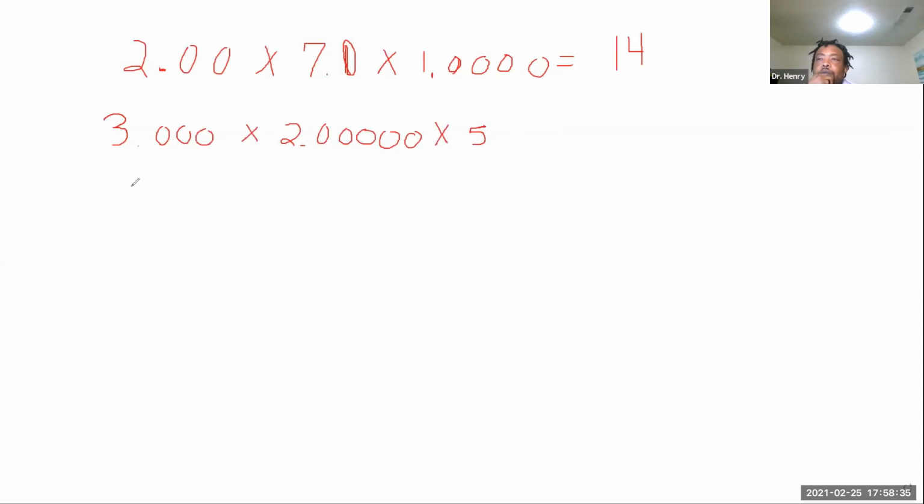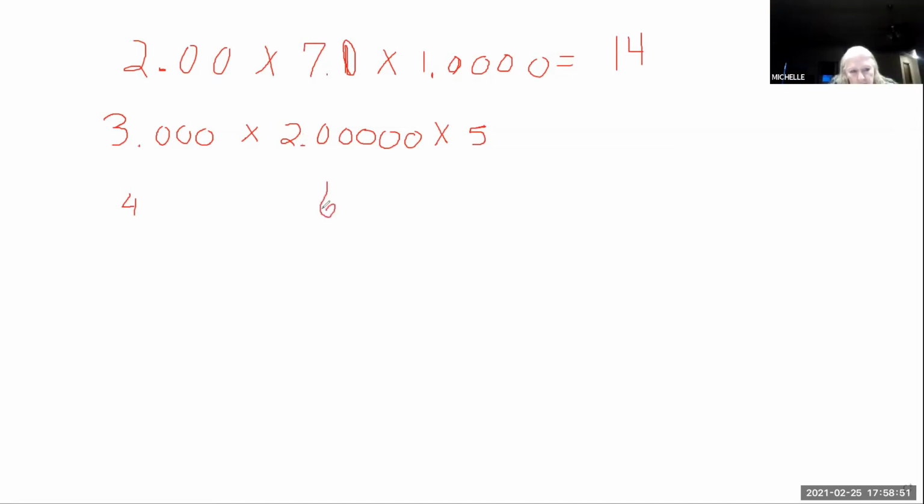So how many sig figs does this one have, Daisy? 4. What about this one here? 1, 2, 3, 4, 6. That's 6. And then what about this one? 1. Okay, so now you write sig figs here, so we'll know that.